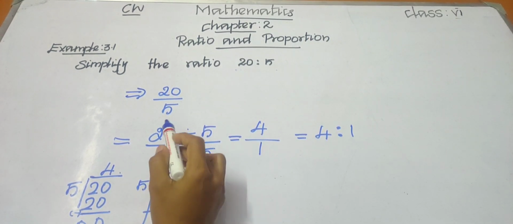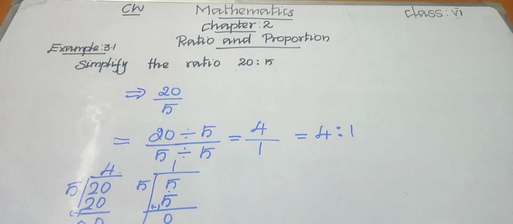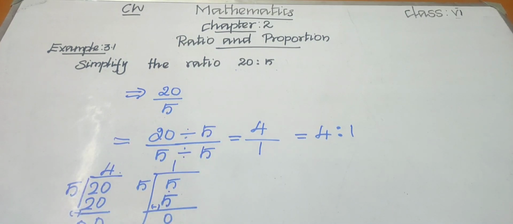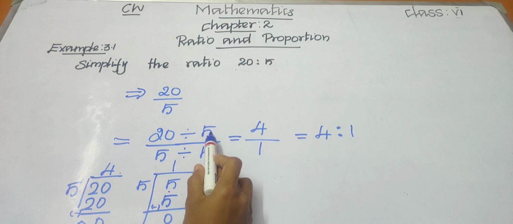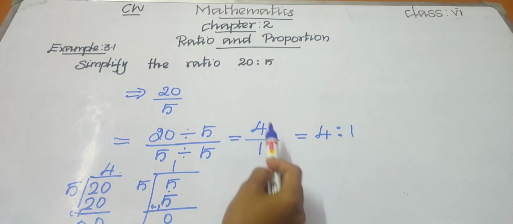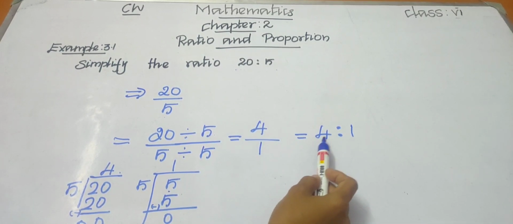See this 0 and 5: we have 0 in the ones place and 5 in the ones place, so these two are multiples of 5. So we divide by 5 in the numerator as well as in the denominator. Now we got the answer 4 upon 1, and 4 by 1 we can write as 4 is to 1.